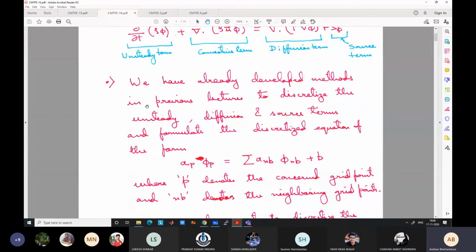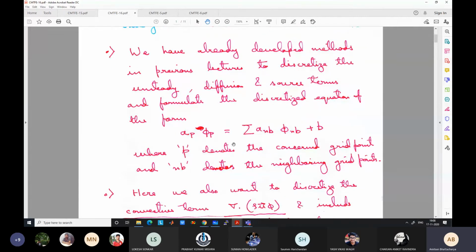We have already developed methods in previous lectures to discretize the unsteady diffusion and source terms and formulate the discretized equation of this form: AP phi p, where phi is our concerned variable, is equal to the summation of the influence of all the neighboring grid points, A nb phi nb, plus if there is any source term, it manifests as the term B.